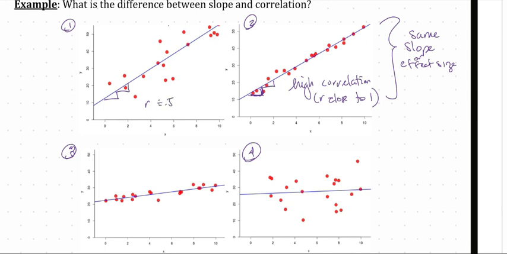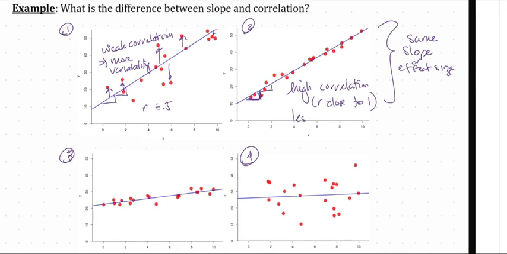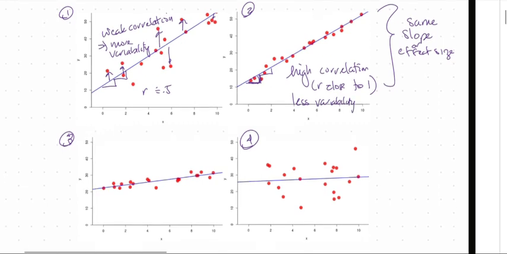There's a relatively weak correlation, and that means we've got more variability of these points around the line. So even though both plots 1 and 2 have the same slope, a relatively large effect, we prefer plot 2 because there's less variability. We can see that effect more clearly.